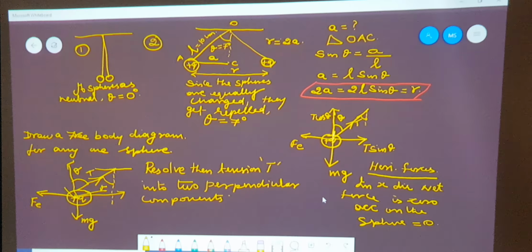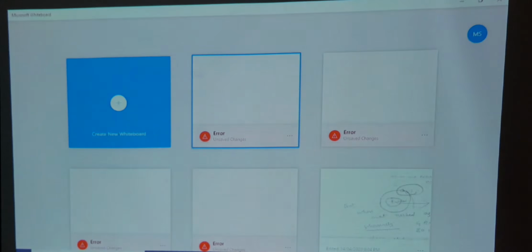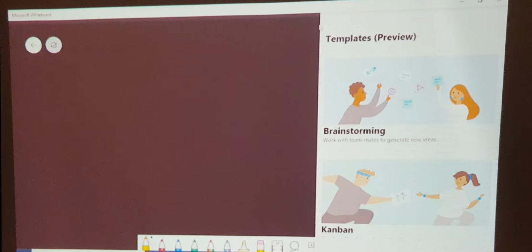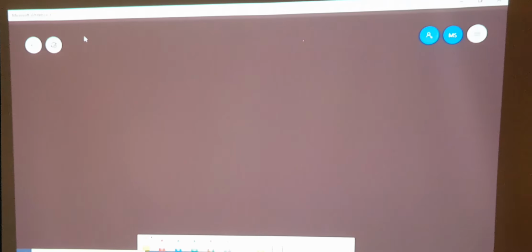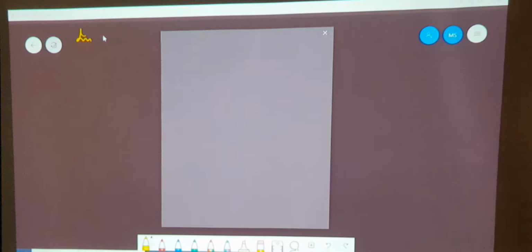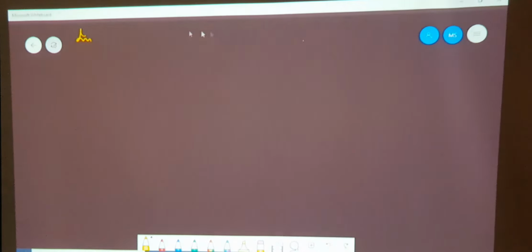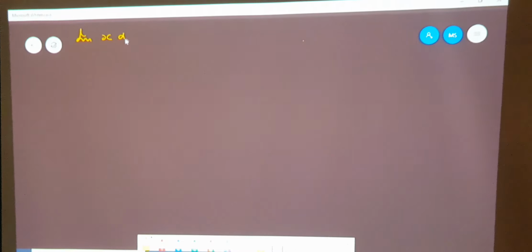So, for the next component, I will go to the next page. Let us consider the x direction. On the left hand side, you have Fe, and on the right hand side, the force that is pulling towards the right is T sin theta.